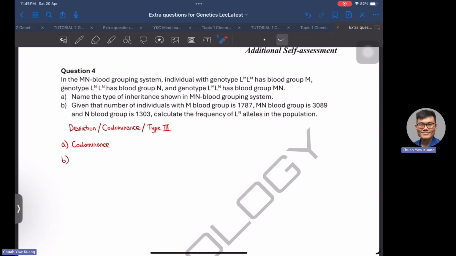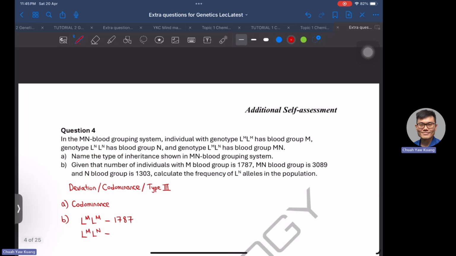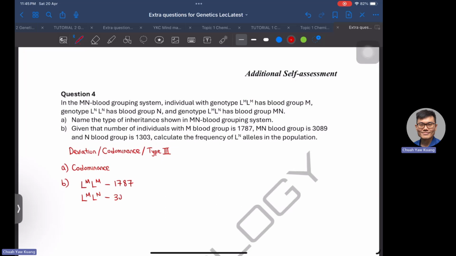Since the number of individuals is all given, we will list them down first. Those individuals with homozygous M allele, the total number is 1787. Those that are heterozygous, the total number is 3089.